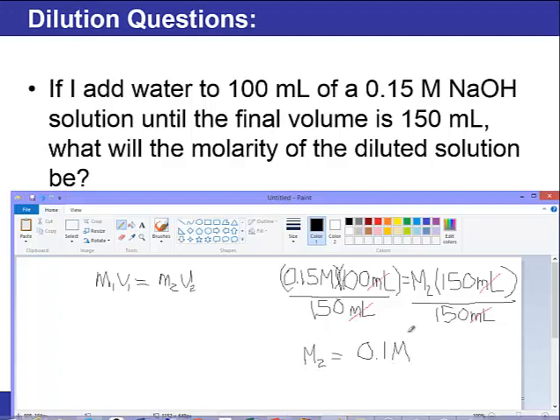Note that when you make a dilution, your initial solution is more concentrated than the final one. If you're adding more solvent, you're diluting your final concentration. So that's a check that you can do for your problem set. You should know that M2 should be a lower concentration than M1, and in this case, that matches. This was 0.15, and now you're down to 0.1 molar. So this is our final answer.